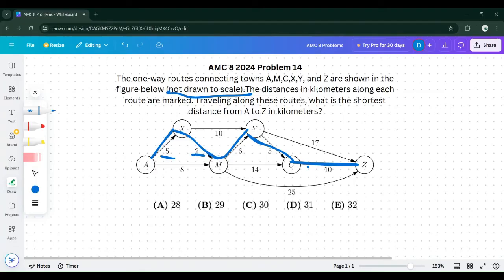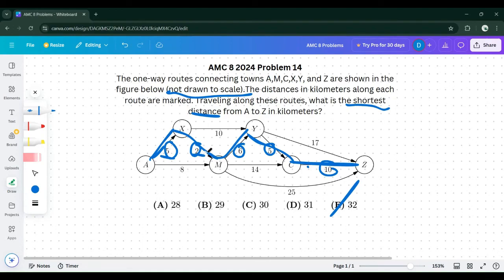If you get 31 as an answer choice, then you can eliminate 32, and you can keep on trying to get the shortest distance. In this case, it's A to X because that's only 5. So 5, 2, 6, 5, 10. Those are extremely small numbers, and that is the reason why it is the shortest.